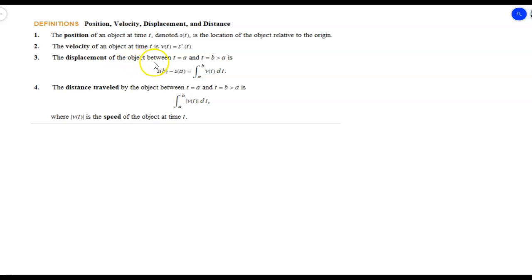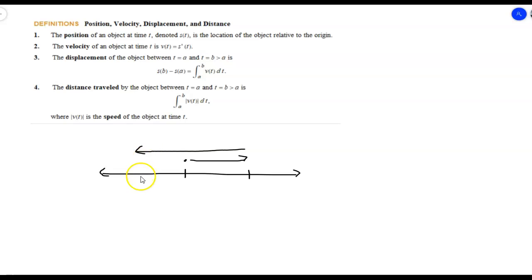The displacement of the object, and let's talk a little about the difference between the displacement and the distance traveled. If I have a straight line here, and let's say I have a point that starts right here, and it travels over to right here, and then it travels back to over right there, and it ends right here.